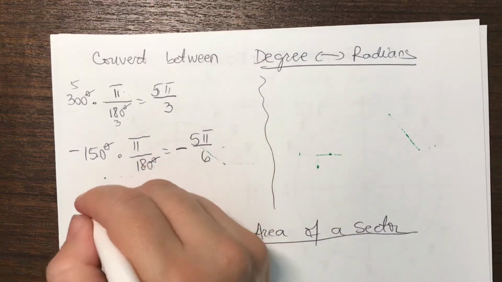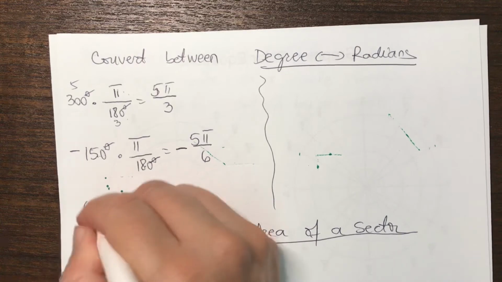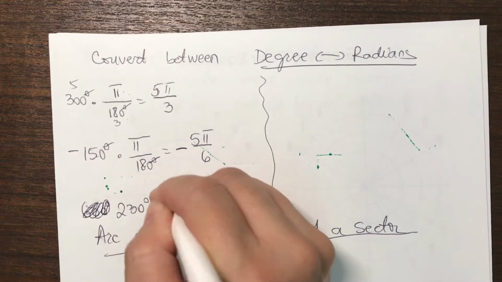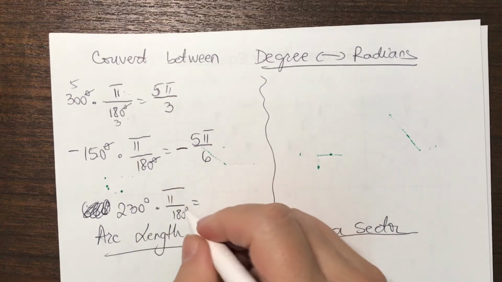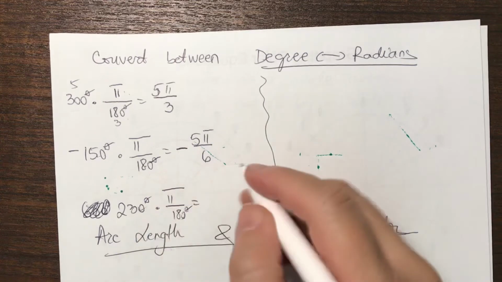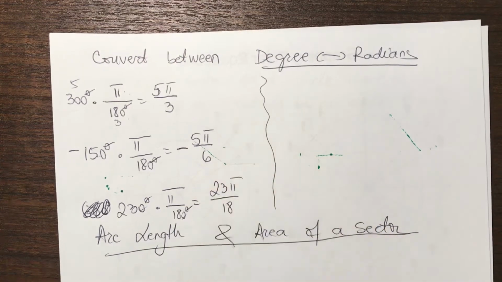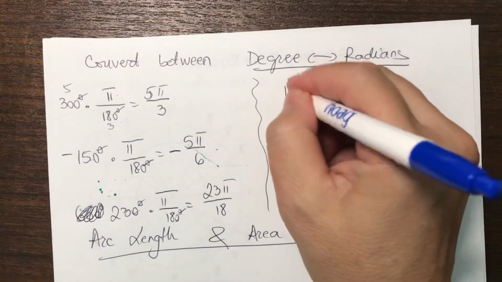How about 230 degrees? Times pi over 180. Again, not much is reducing, just the 10, right? So that's 23 pi over 18. There you go, done.